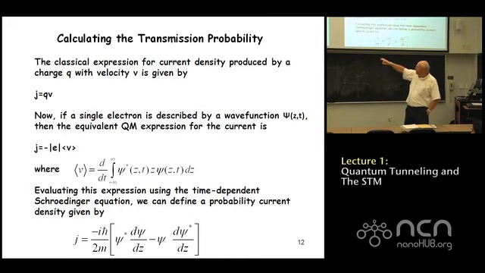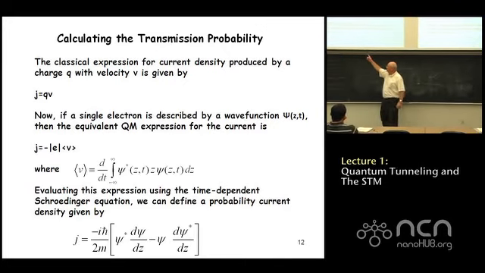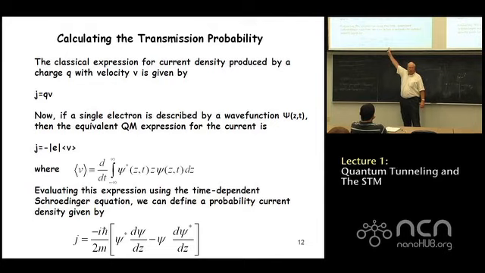When you evaluate expectation values, you take the parameter you're interested in, in this case the change in the position with respect to time, and sandwich that between the wave function psi star psi. You have to integrate over all space. When you do that, after a couple pages of arithmetic, you get a very simple expression for the probability current that flows through that barrier.